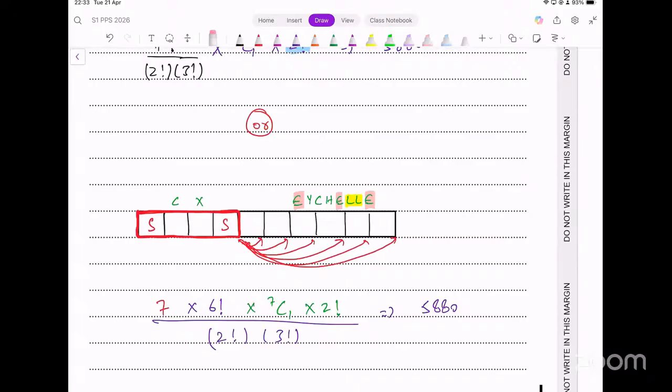Now, if that was the case, C's are identical. So let's suppose there were three C's. If one C comes here, then we have two remaining C's. When we do 6 factorial here, you would have to divide by another 2 factorial because of this. That's the only thing that changes there.